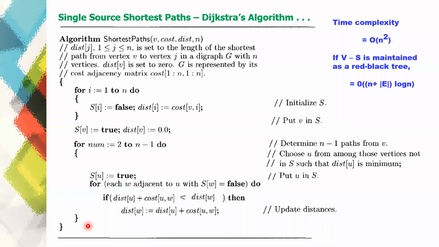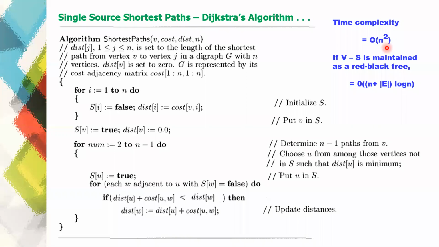Once this is done, you'll have a distance vector that presents the shortest distances from the source vertex to all the remaining vertices. Now the time complexity of this algorithm is big O of n square, because you are not analyzing the initialization loop, you are only analyzing this part, and this part has 2 loops, and hence the time complexity is big O of n square.